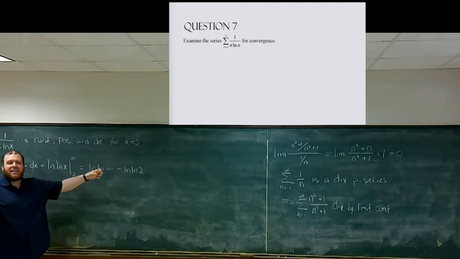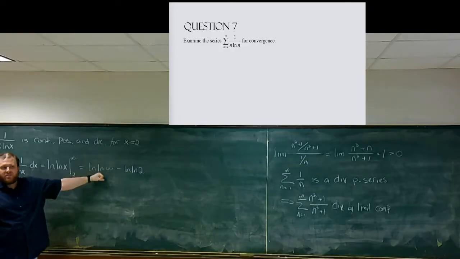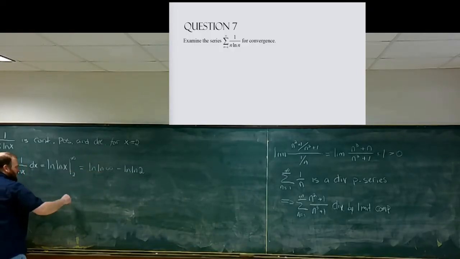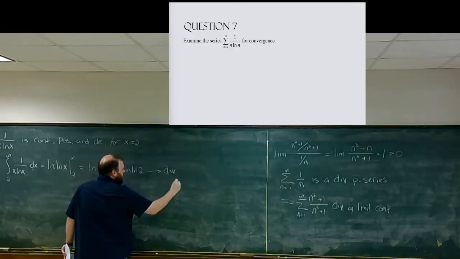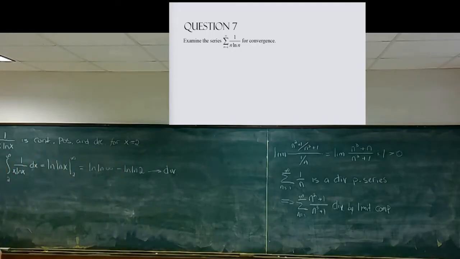I'm not evaluating at infinity, because infinity is a concept. It's not a number. It's implied to be a limit. This is just how we write it. So the integral diverges.